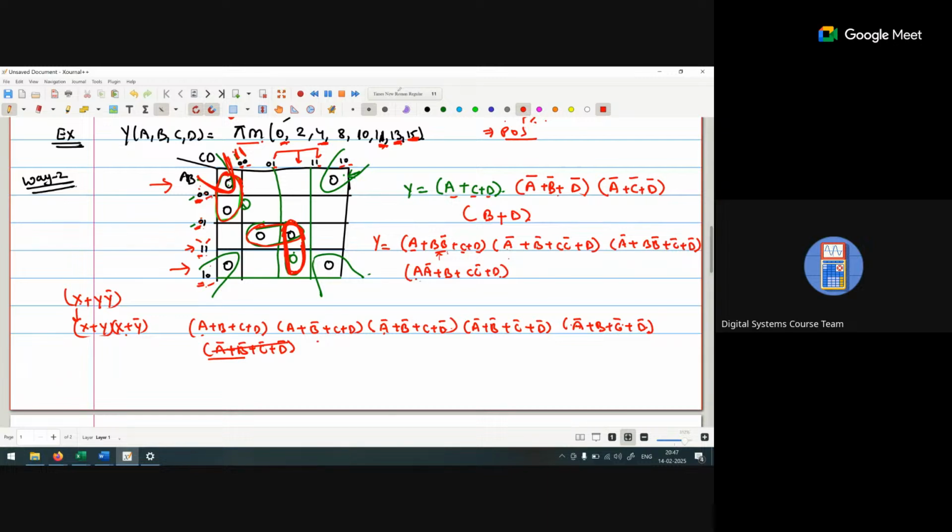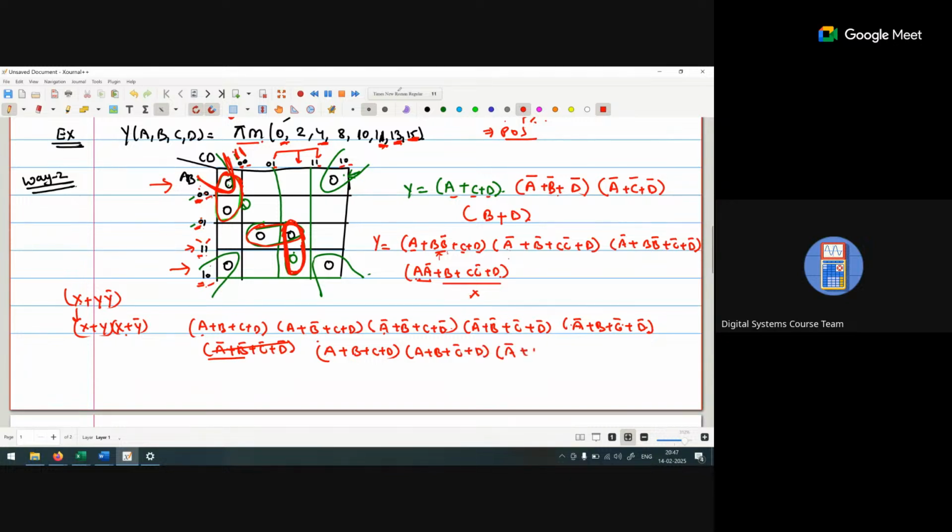Now here, first I represent this as a x, and this one is y bar. After that I represent this as a y bar and the remaining x. So it becomes a plus b plus c plus d. Second, a plus b plus c bar plus d.